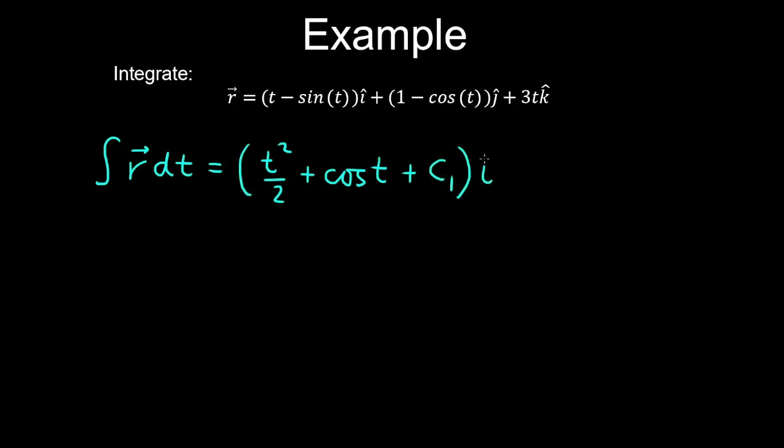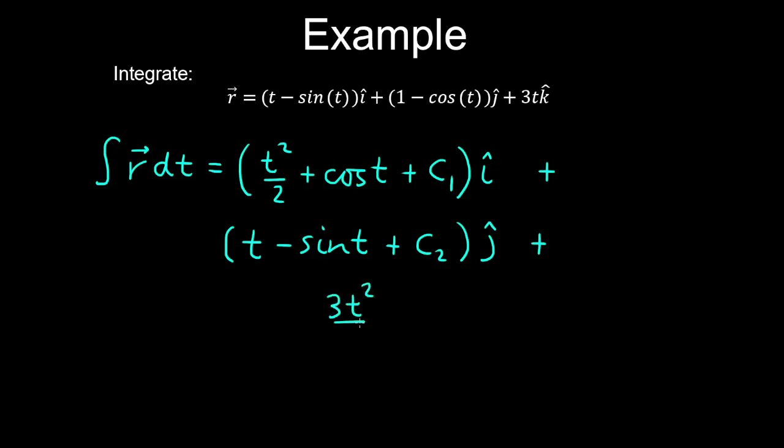So that gives the i component, and plus t minus sine t plus another constant of integration. So that's the j component, and plus 3t squared on 2 plus another constant of integration. So that's the k component.